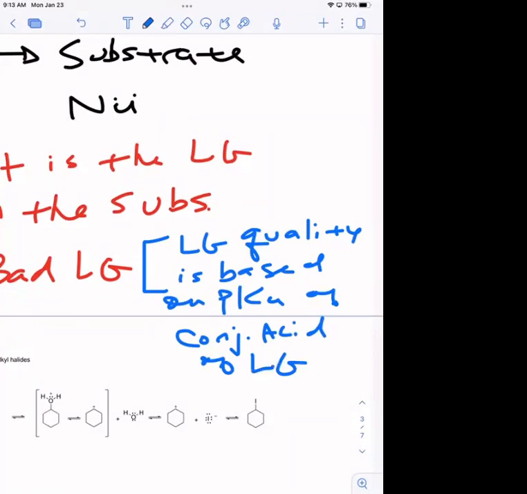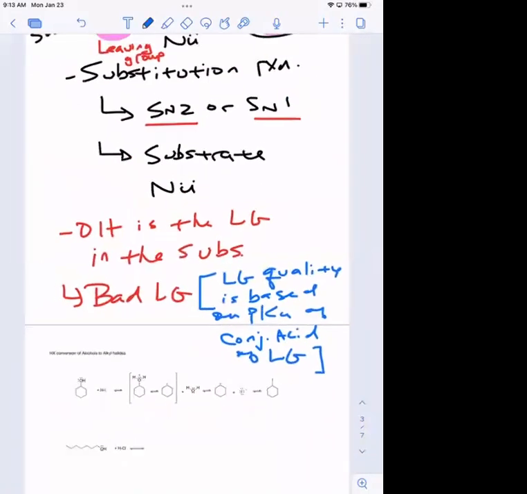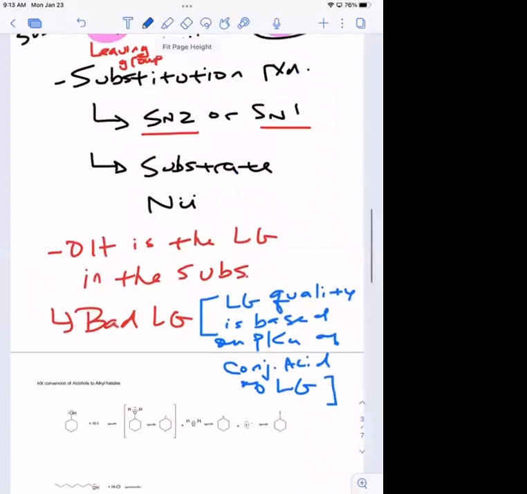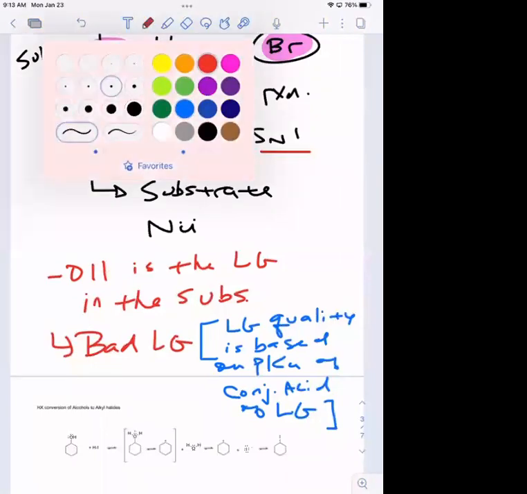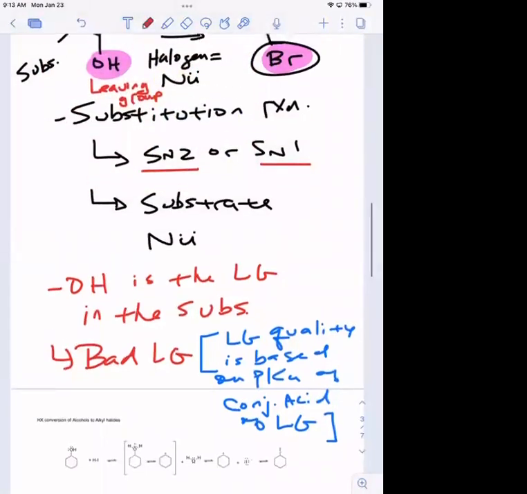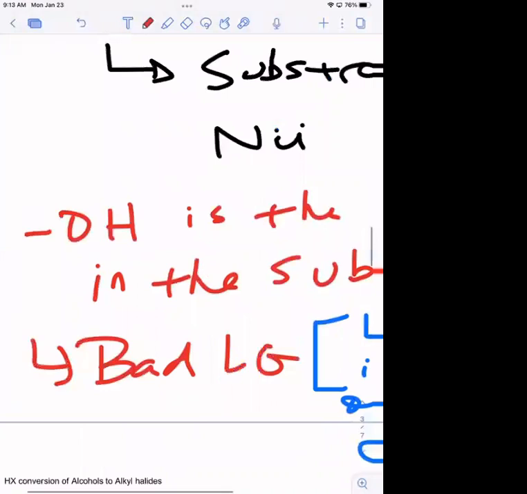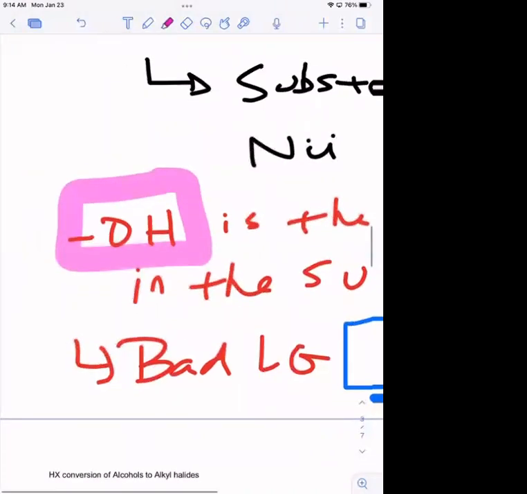Right? If you remember when we studied pKa, the conjugate acid is, well, there are a couple of ways to define that, but in this case, the conjugate acid of OH is water.